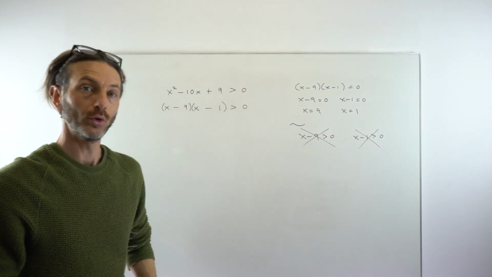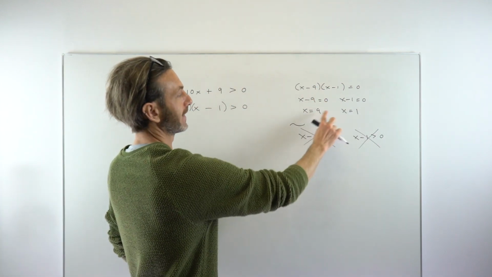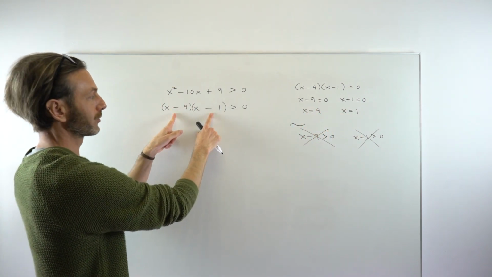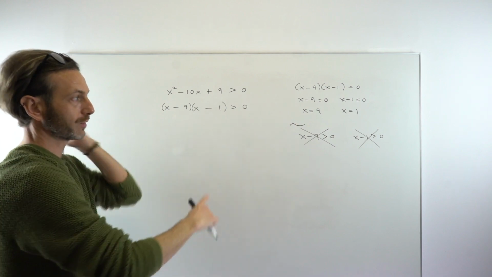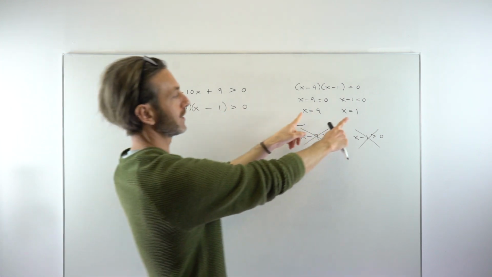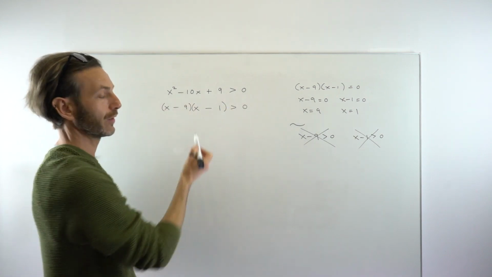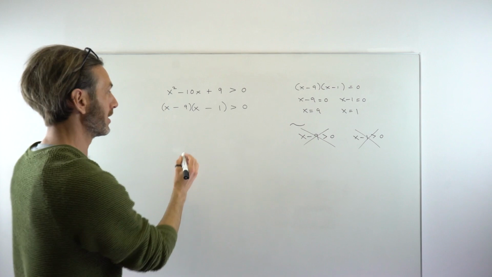What we do instead is a little bit of side working to get the actual root points. Or usually you can just tell what the root points are going to be, so 1 and 9, just by flipping the signs. We're going to use these two root points to sketch a graph of the parabola. Remember, this is a quadratic function, so it would make a parabolic shaped graph.